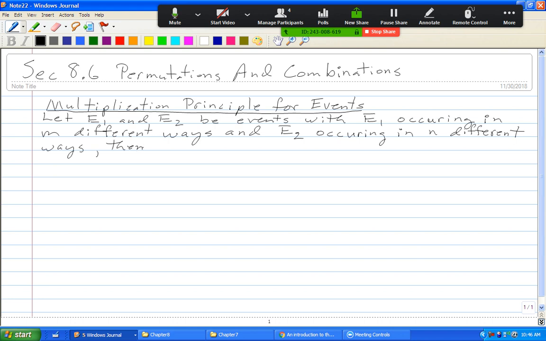Then event 1 followed by event 2 can occur in mn different ways. Okay.